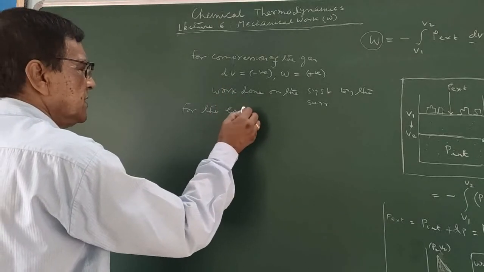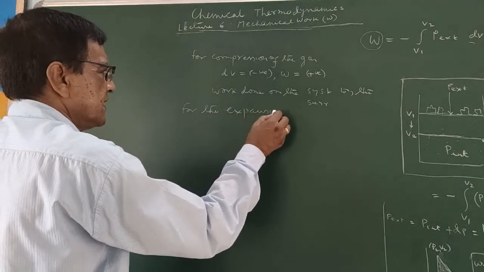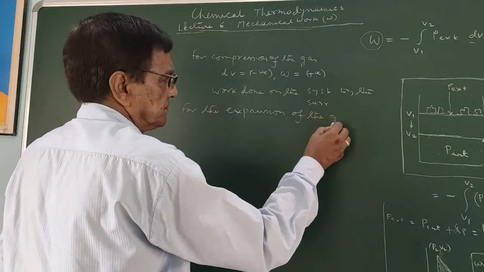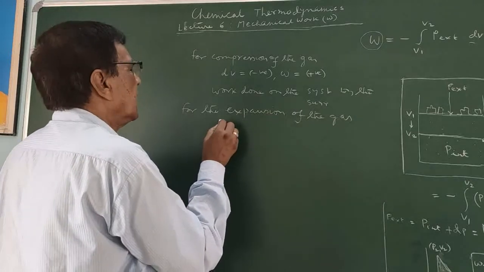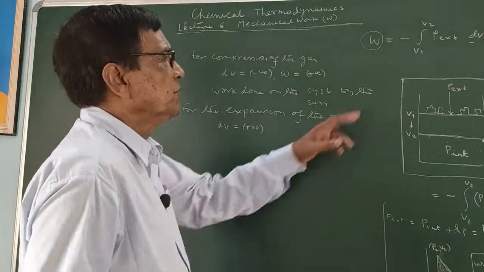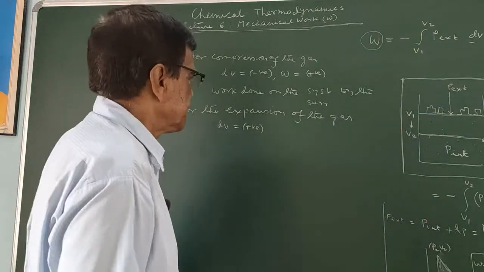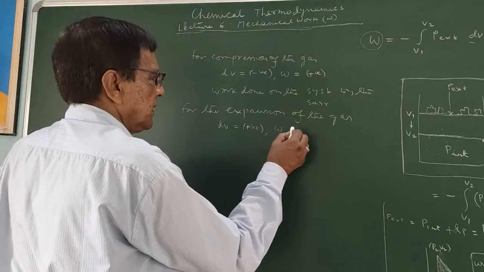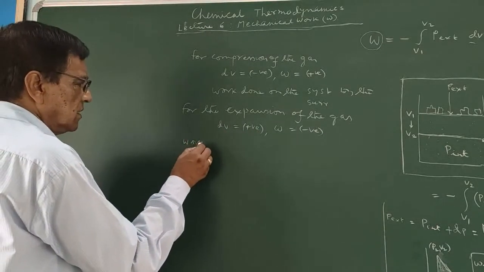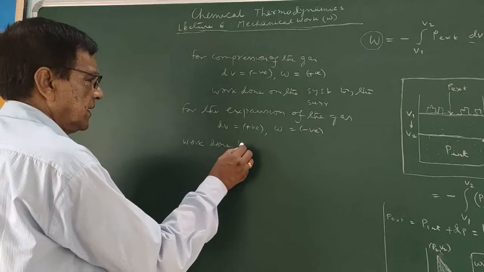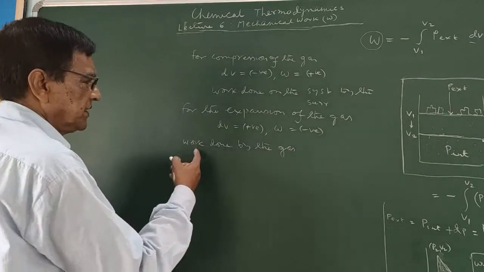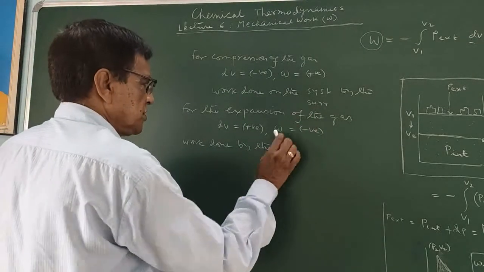For the expansion of this gas, dV is positive, as V2 is greater than V1 in that case, and this W becomes negative, meaning work is done by the gas, or by the system.